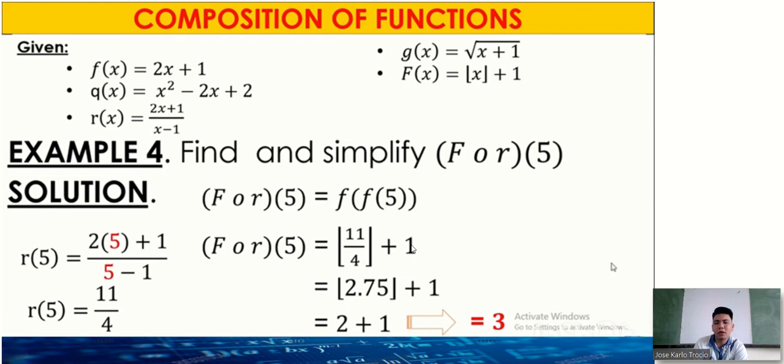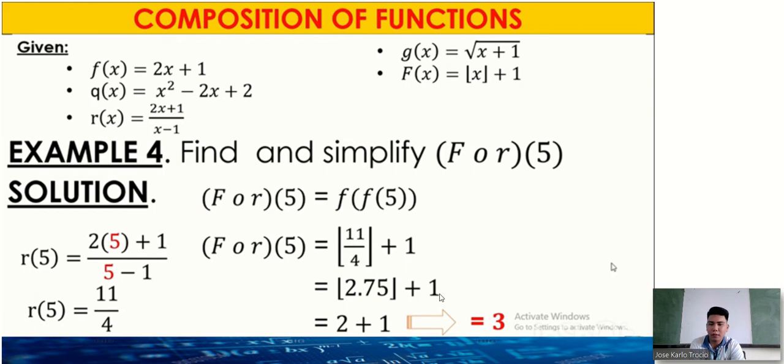Again, do not add it directly. This time, you can divide using, let's say, a calculator. Or you can do the other way, like finding the LCD. So 11 divided by 4, that is 2.75.